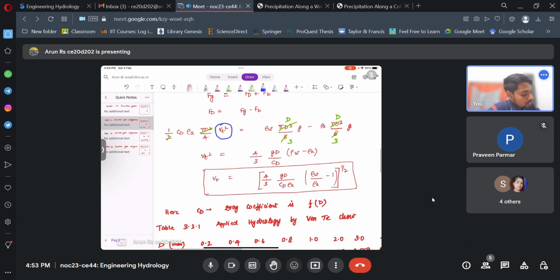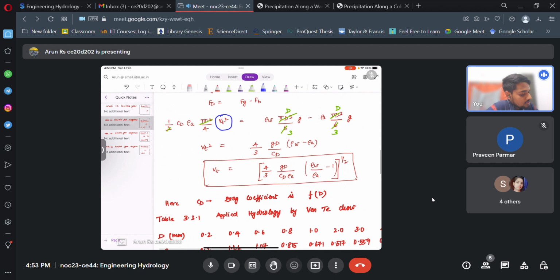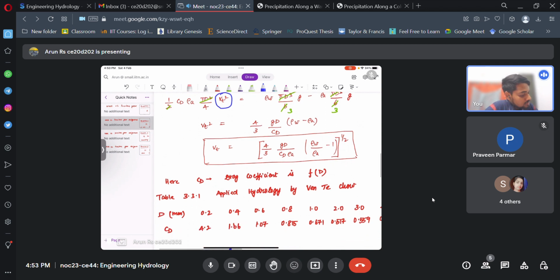And Fg is your gravity force. I am just substituting the expressions and cancelling out the common terms, and we need Vt. Vt is given by 4 by 3 g d divided by coefficient of drag into density of air and multiplied by this density expression, and we need to take the square root of that.